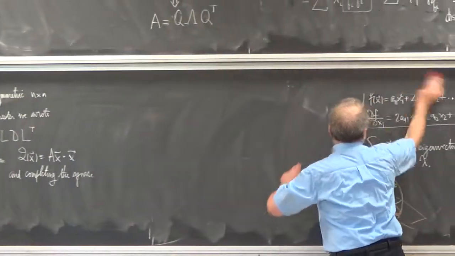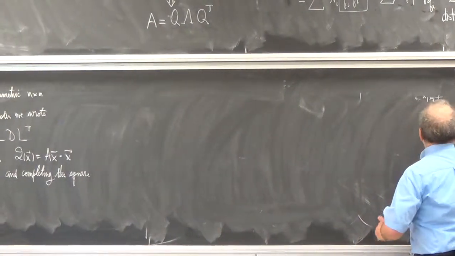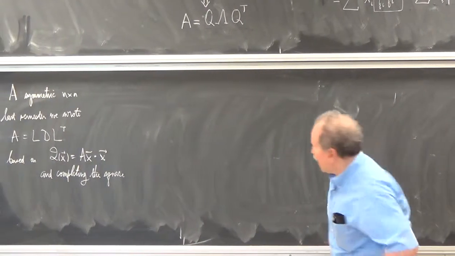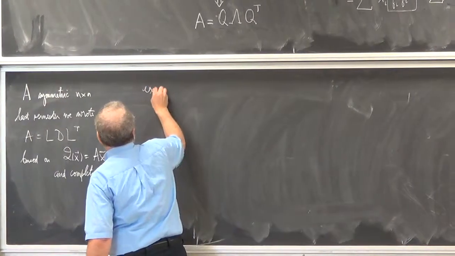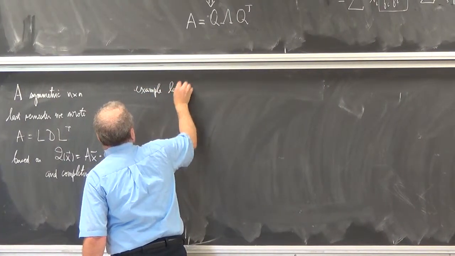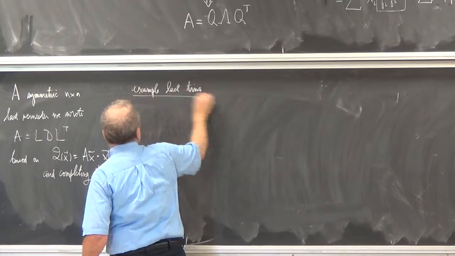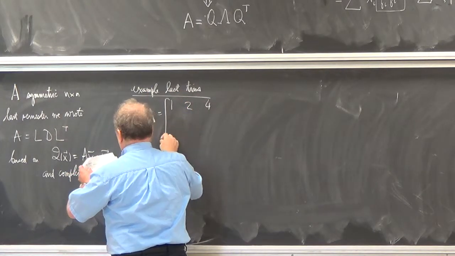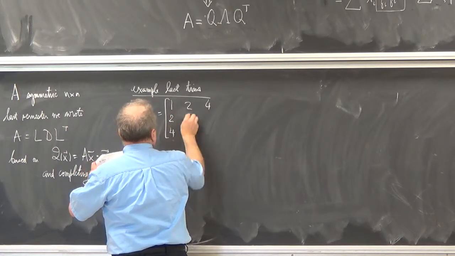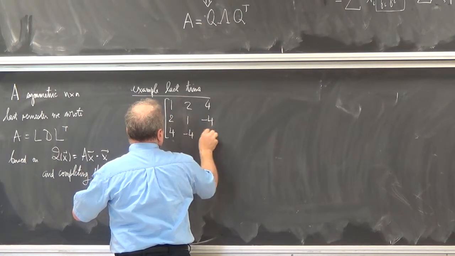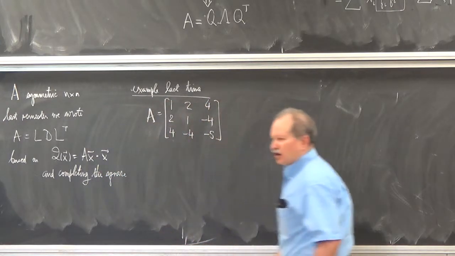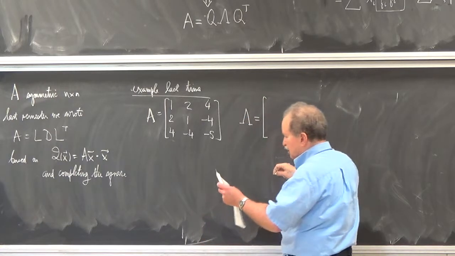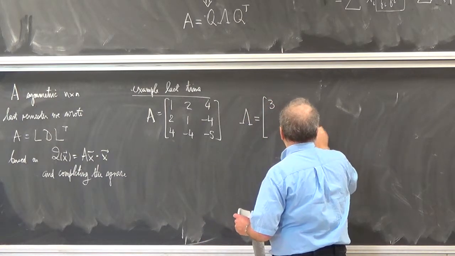So let me just come back to the example we did Wednesday, and I'm not going to sit here and do all the work because you don't want to see me do it anyway. So we had our example from Wednesday. We had this matrix, 1, 2, 4, 1, -4 there, and then a -5 here, and we got that our diagonal matrix of eigenvalues was 3, 3, and -9.